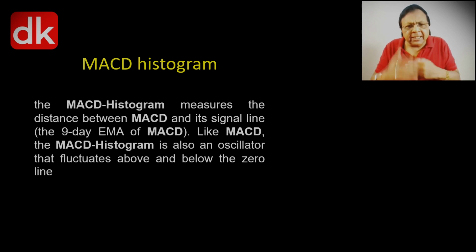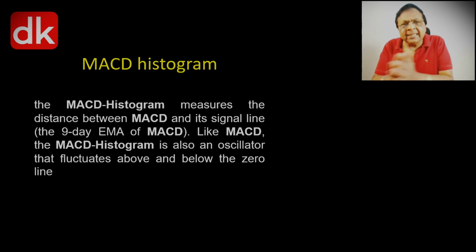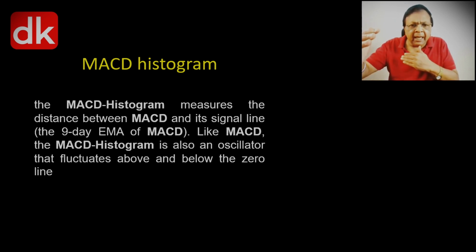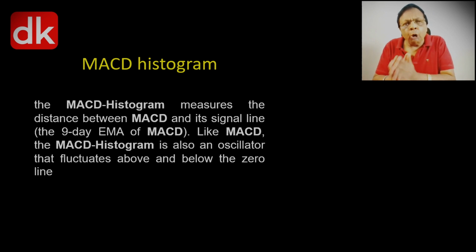But later on, the third element was incorporated, much after MACD as an indicator was developed, and that is the histogram. Primarily the histogram measures the distance between MACD and its signal line. The wider the gap between MACD and signal line, the larger the size of the histogram. The 9-day EMA of MACD is the signal line.